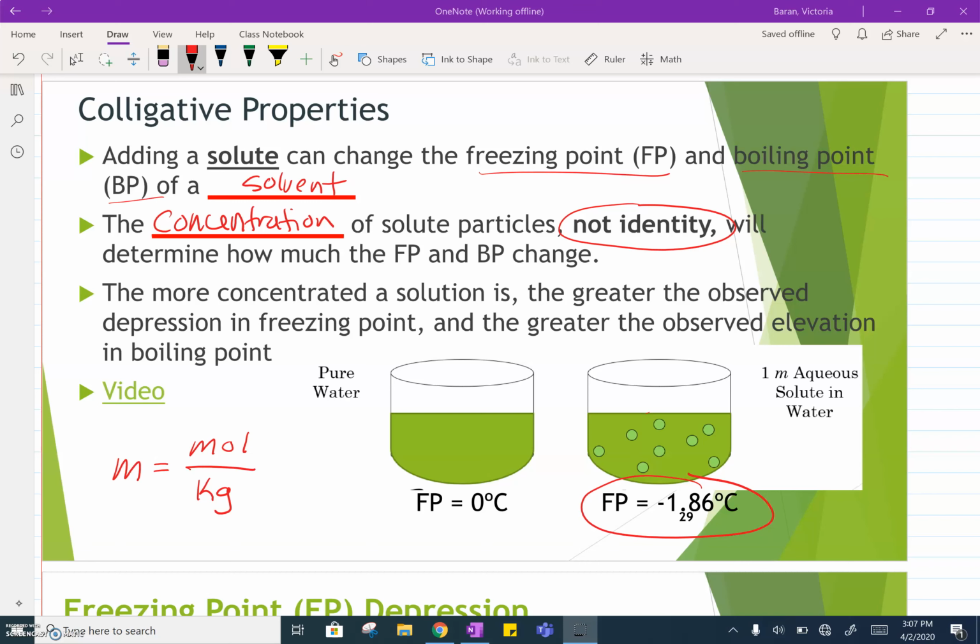The freezing point and the melting point happen at the same temperature. So for instance, water will actually freeze at 0 degrees Celsius, but once it gets above that, then it will start melting. So if the temperature is negative 1.85 degrees Celsius, then that water would start to melt.